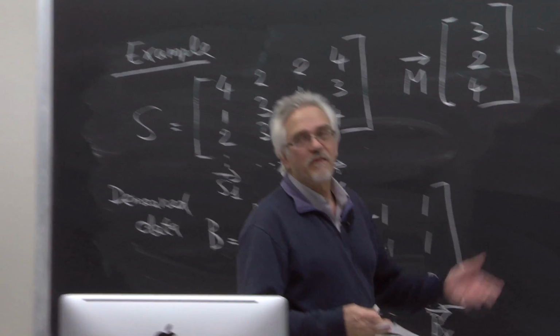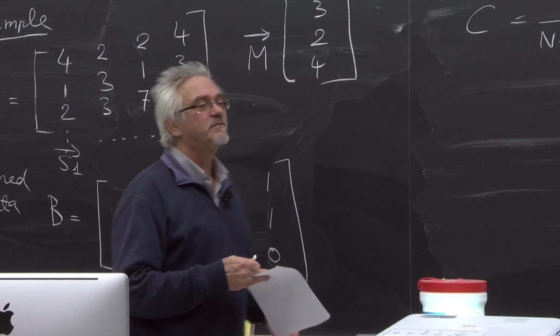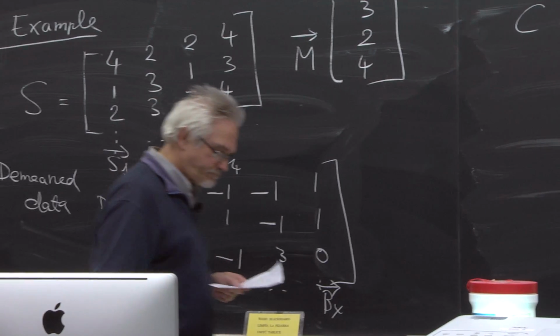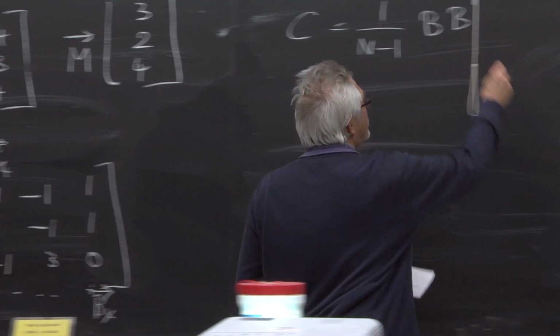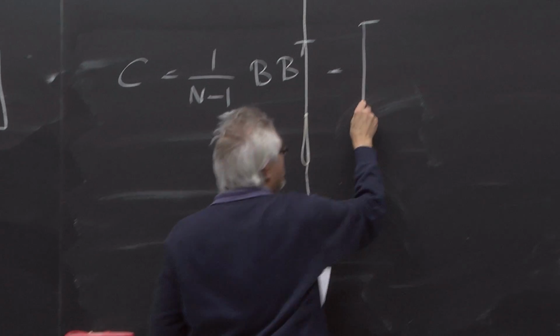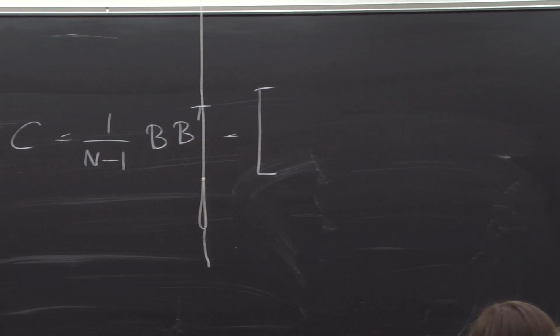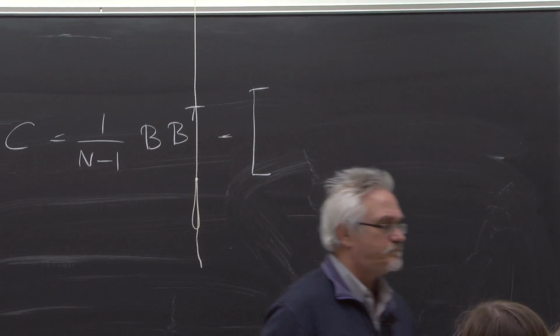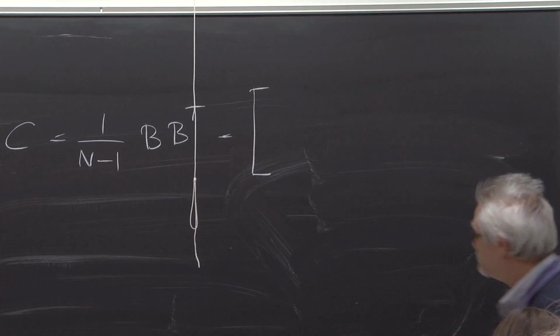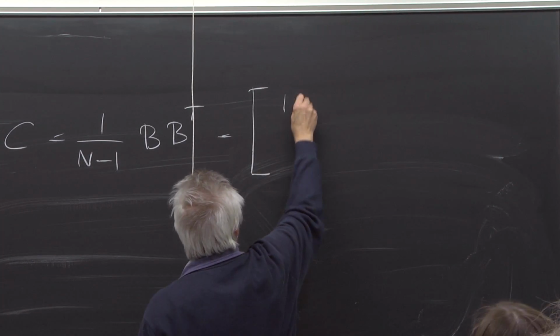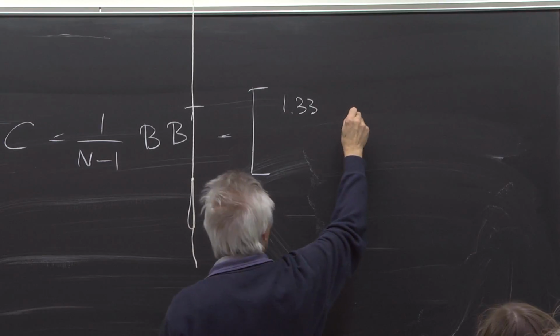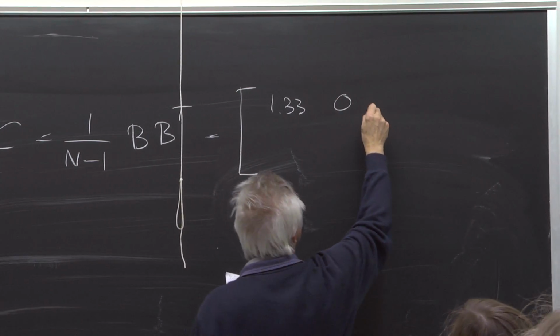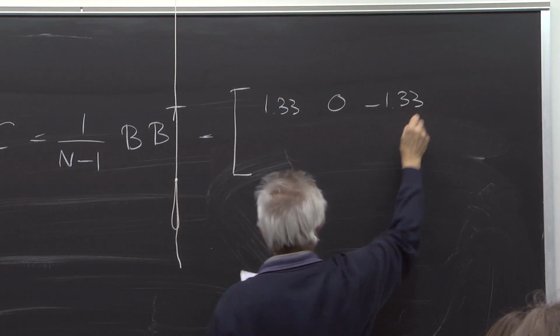You may also do 1 over n. As far as I'm concerned, that's not a big deal. If you do that, you will get a covariance matrix that looks like this. And again, this will be in the handout, so don't worry about the details.